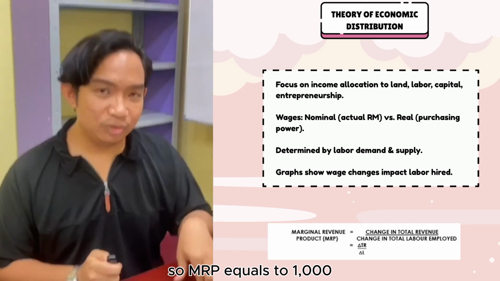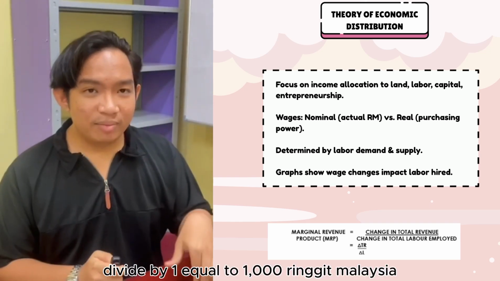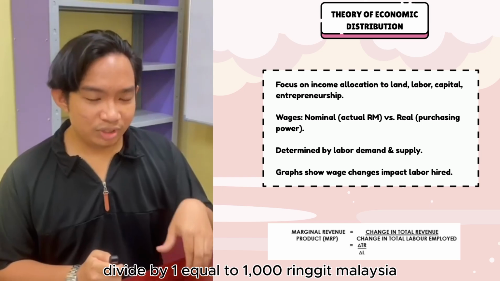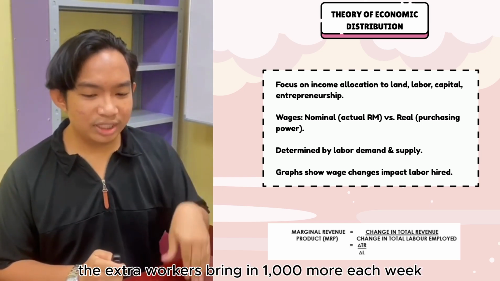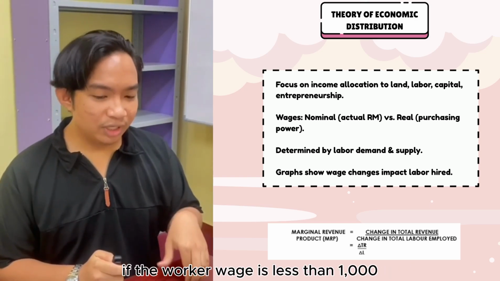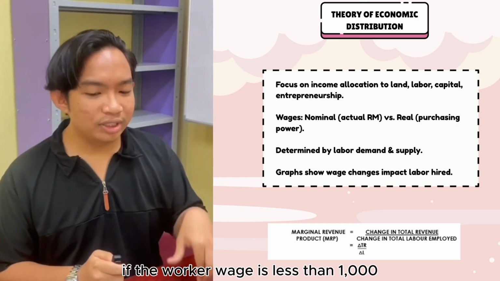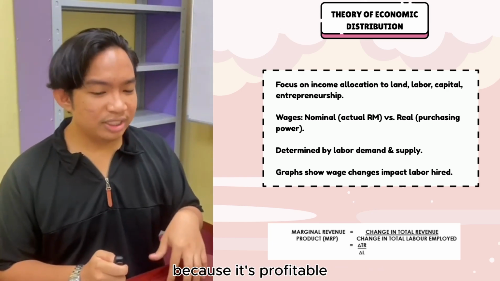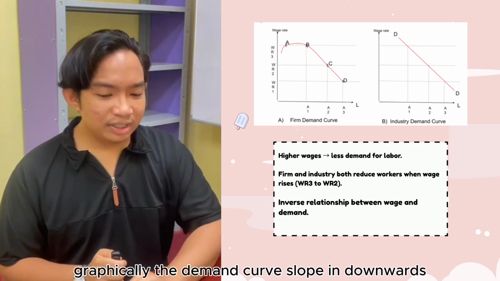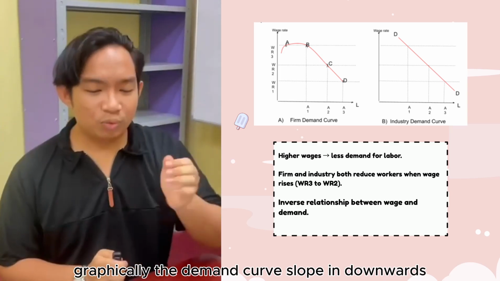So MRP equals 1,000 divided by 1, equal to 1,000 ringgit. This means the extra worker brings in 1,000 more each week. If the worker's wage is less than 1,000, it makes sense for the bakery to hire them because it's profitable. Graphically, the demand curve is sloping downwards.